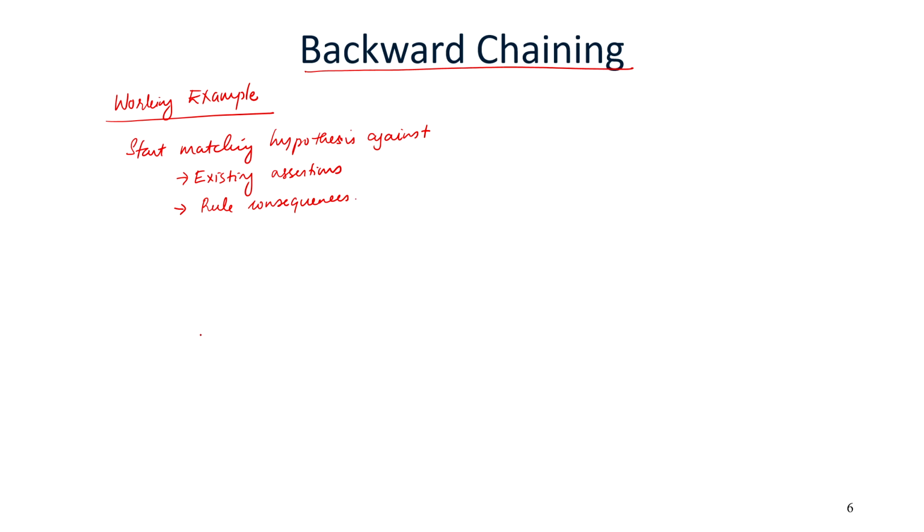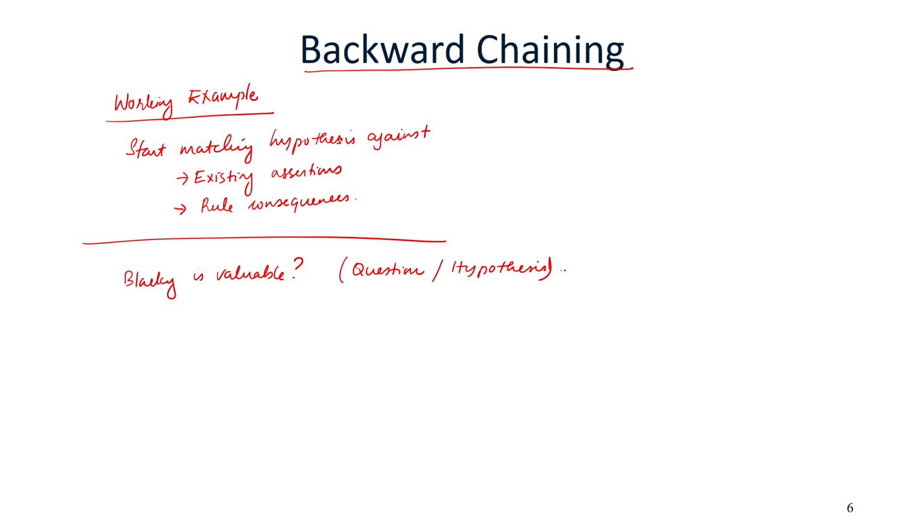Okay. So how do we do that? The question is: Blackie is valuable. This is our hypothesis.